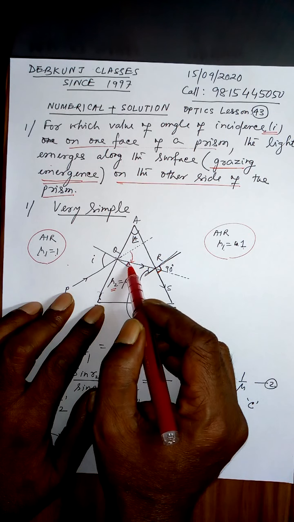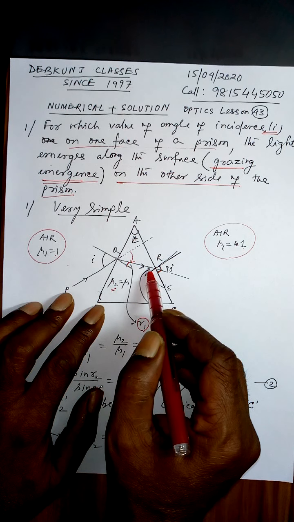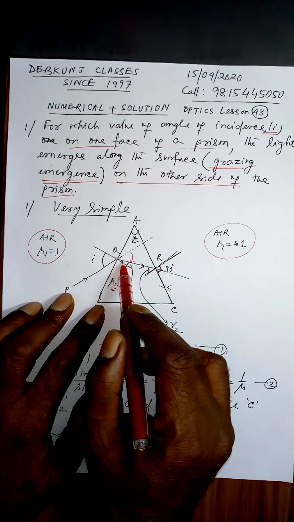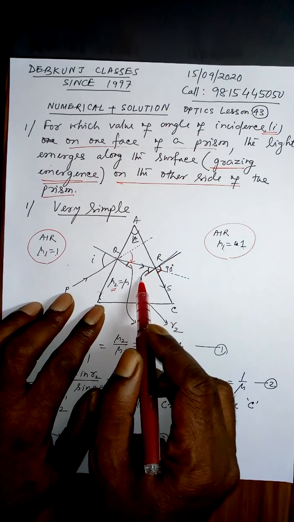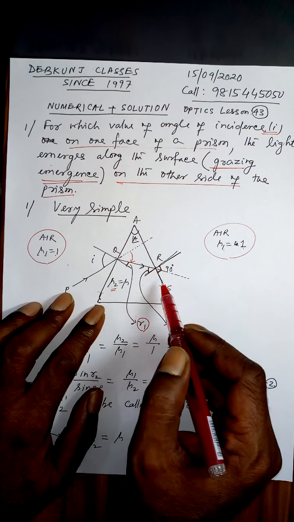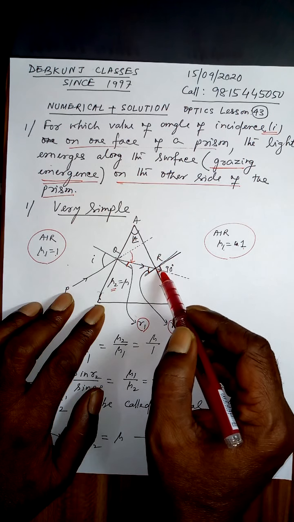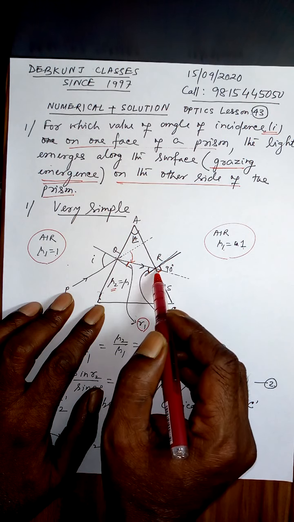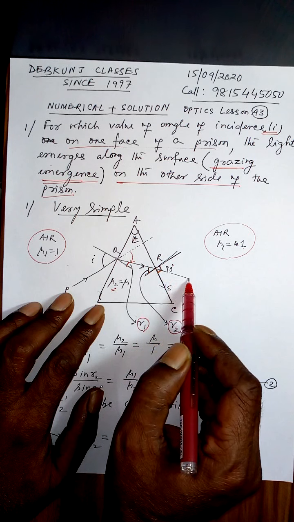Now let this angle of refraction be R1, and within the denser medium, QR is the incident ray, so this is the angle of incidence, which I have represented as R2. It is given that this ray has to go along the surface, therefore this is 90. The ray QR was supposed to travel along this dotted line.